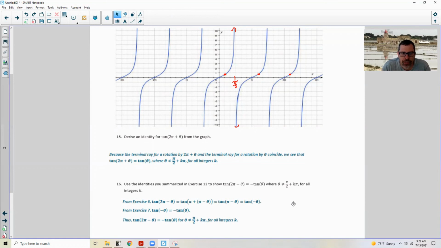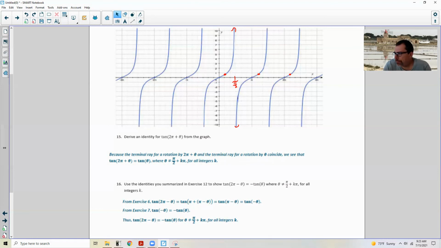From exercise 6, tangent of 2 pi minus theta equals the tangent of pi plus pi minus theta, which equals the tangent of pi minus theta, since if you just add a pi to it, it's the same. And therefore, that is equal to the tangent of negative theta. From exercise 7, the tangent of negative theta equals the negative of the tangent of theta. So therefore, we can conclude that the tangent of 2 pi minus theta equals the negative tangent of theta for theta not equal to pi over 2 plus some constant times pi for all integers k.